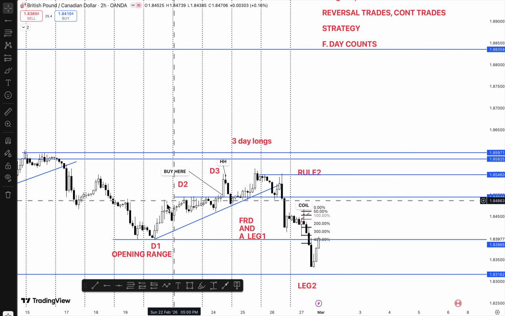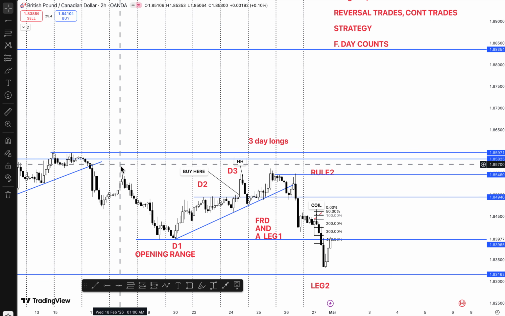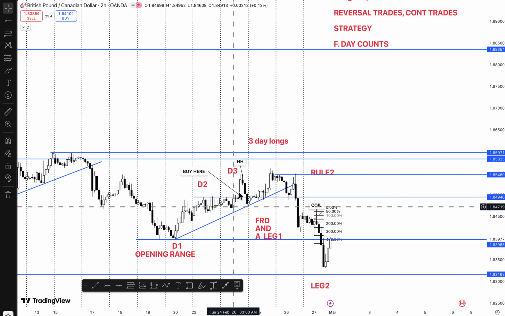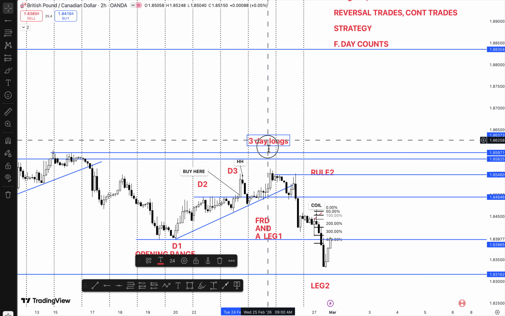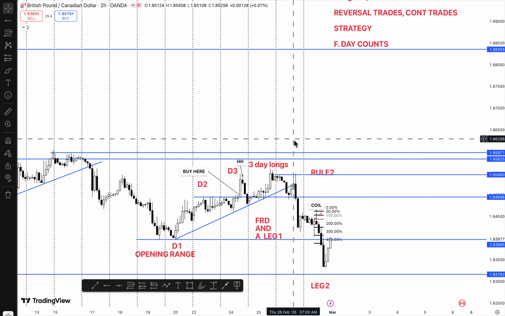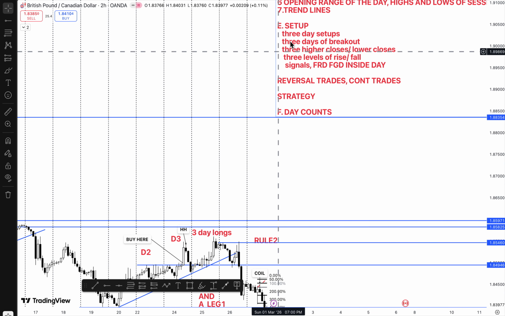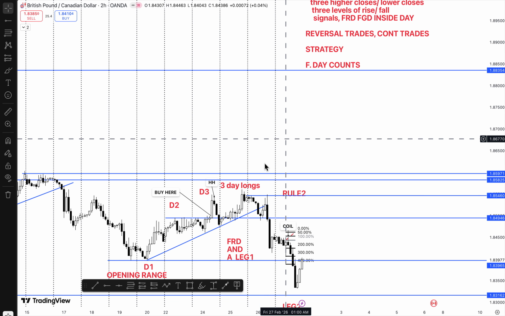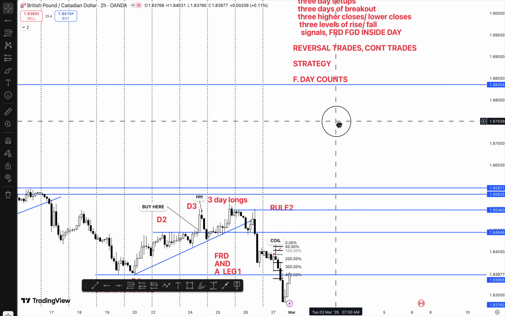The market is now making higher highs inside of previous weekly level. So we have a higher high, dump, pump, higher high, dump, pump, higher high. 3 days of breakouts. Remember, we want to look for what? 3-day setups, which will now move to become 3 days of breakout, because the day 3 high was broken out of, and they can also close in breakout.